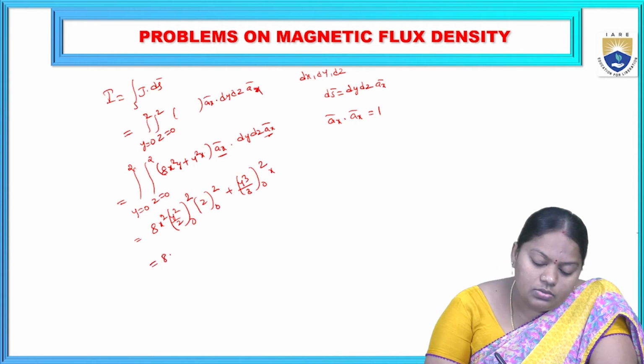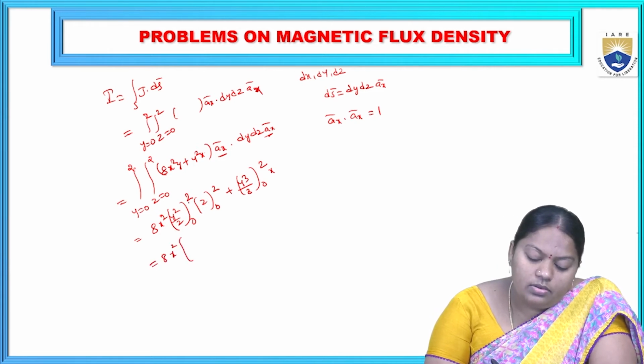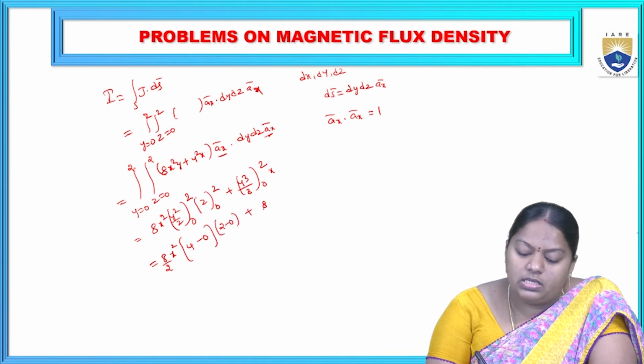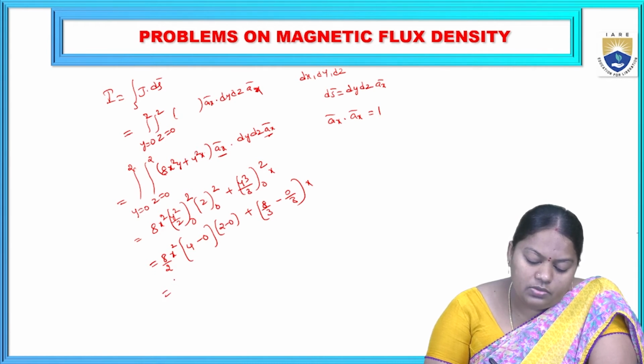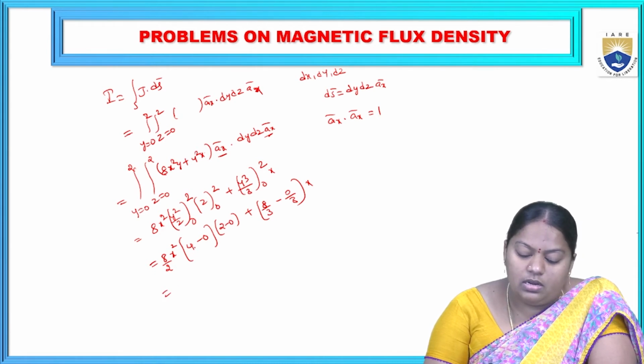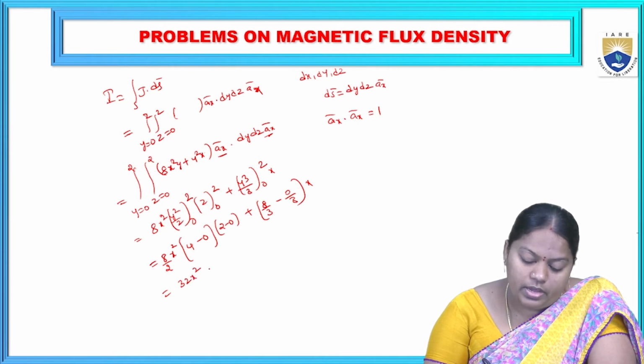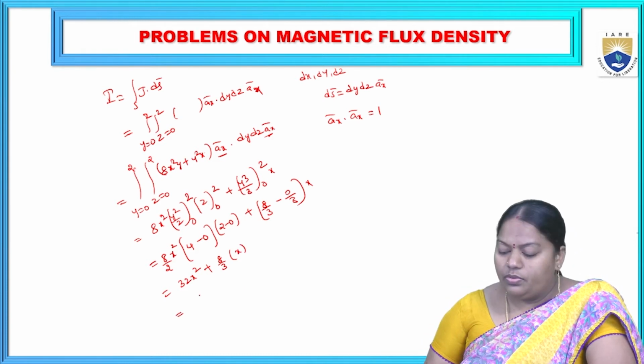This equals 8x squared into 8 by 2, where y squared value is 4 minus 0, into 2 minus 0, plus y cubed, 8 by 3 minus 0 by 3, into x. That is 8 by 2 is 4, and 4 into 4 becomes 16, 16 into 2 is 32x squared, plus 8 by 3 into x. Right? So 32 into x squared.